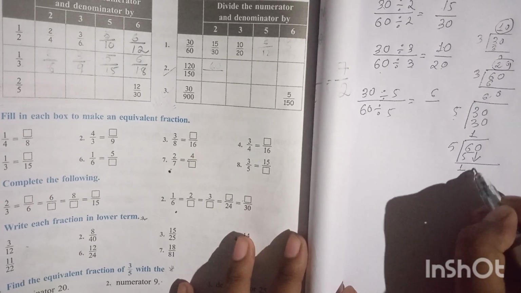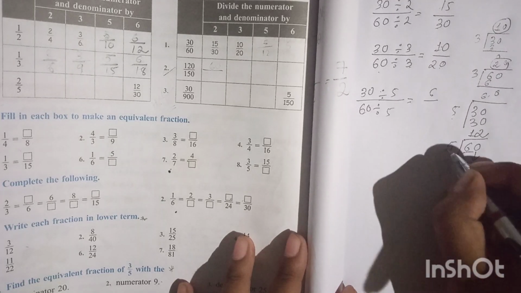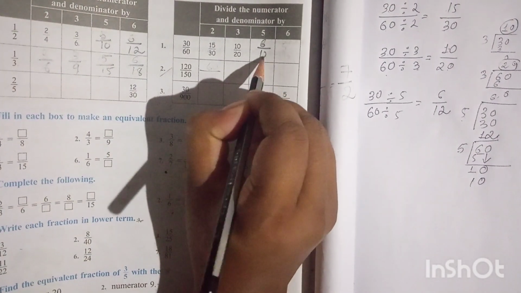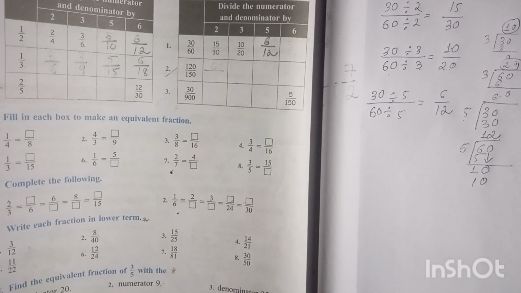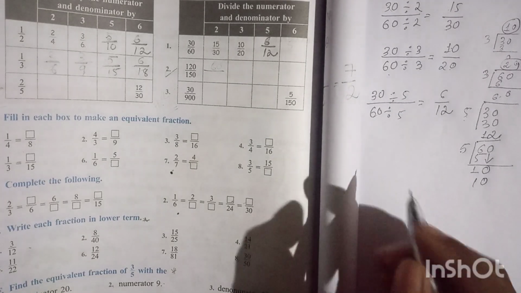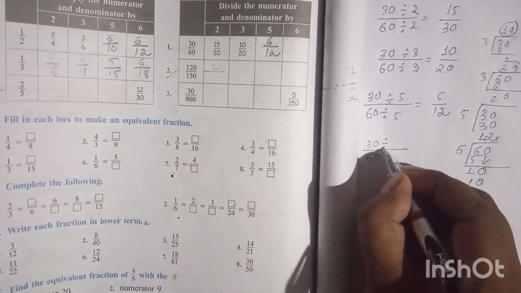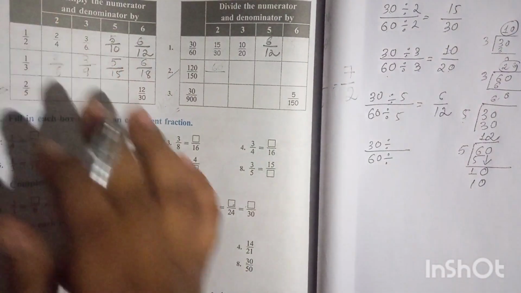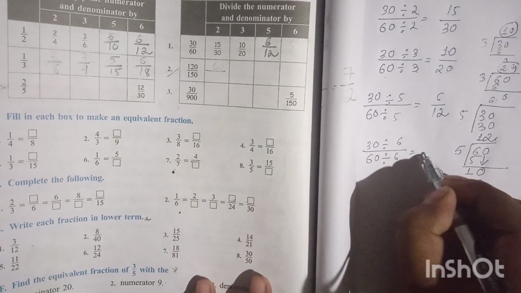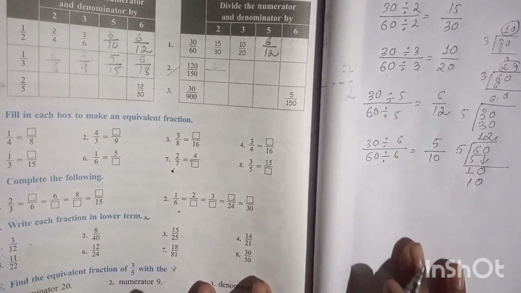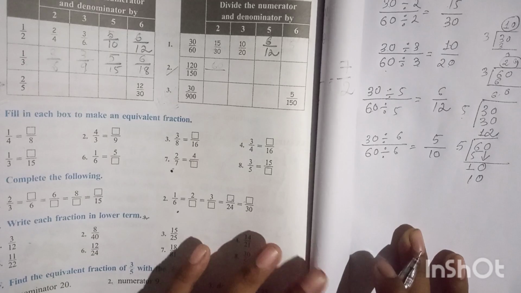This 0 will come down, 10. 5 2s are 10. So here 12. So here we need to write 6 by 12. Alright. Then we have 30 by 60 divided by 6. We know that 5 6s are 30, then 6 10s are 60. Right.